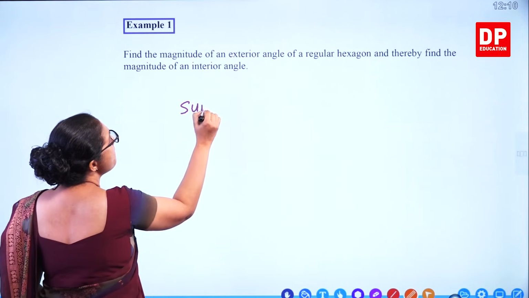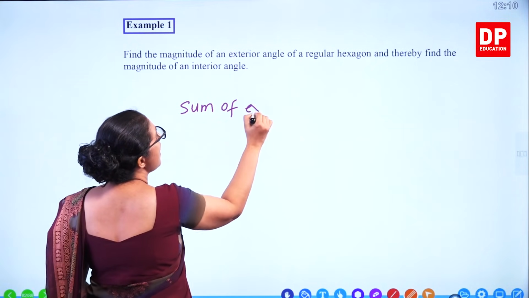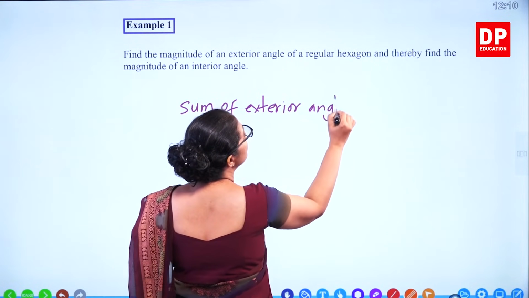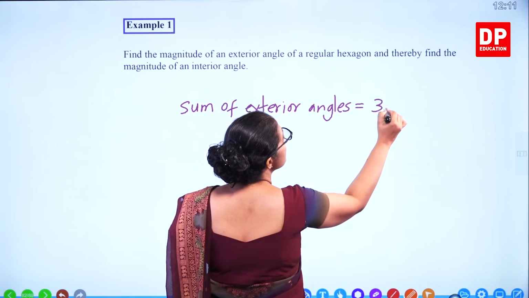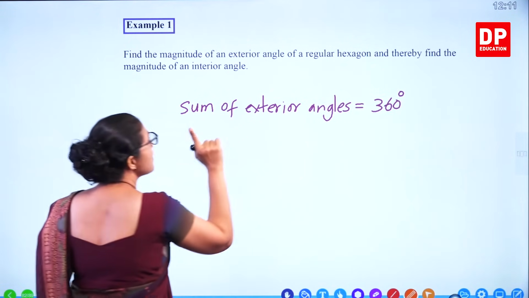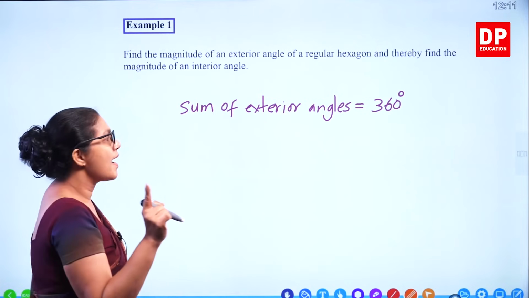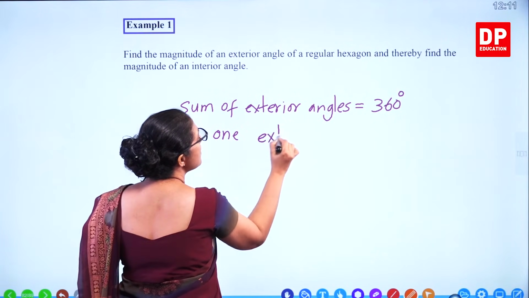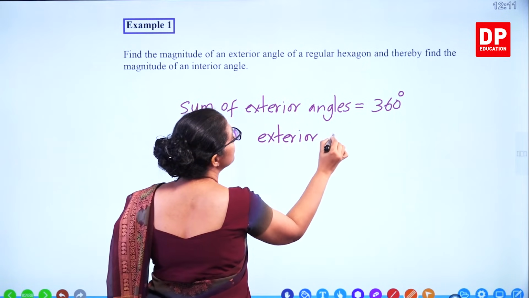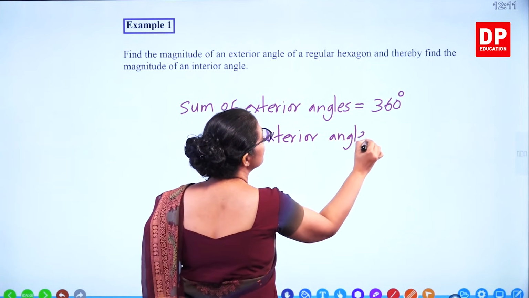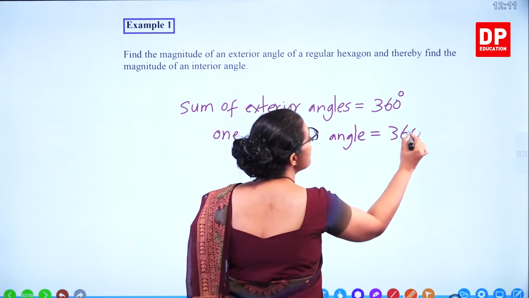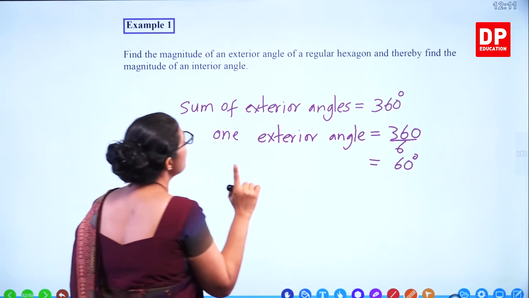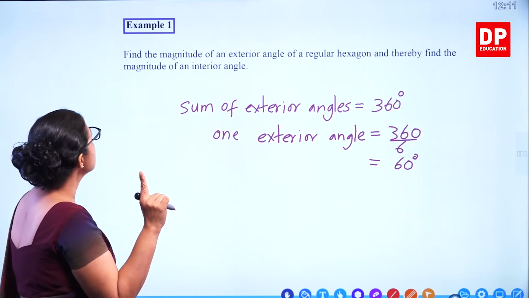So the sum of exterior angles is 360. Hexagon means 6 exterior angles are there. So one exterior angle is 360 divided by 6, that's 60 degrees. We found out one is 60 degrees.